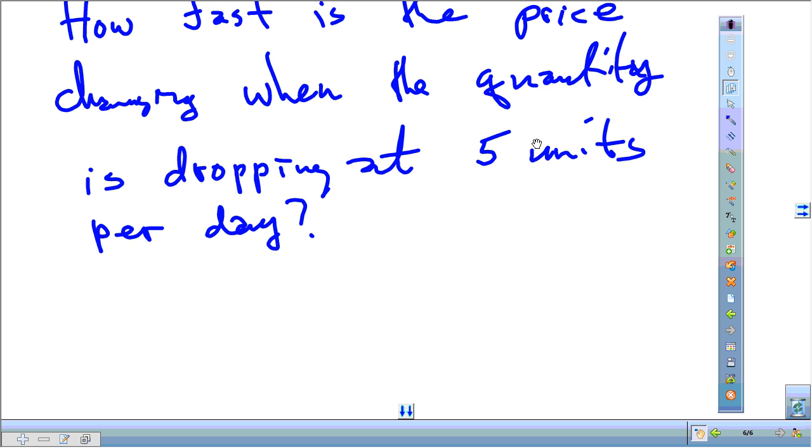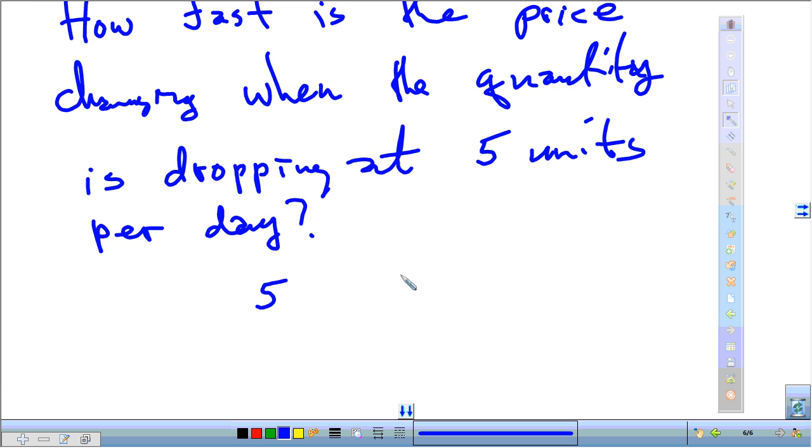We're looking at a trend in the quantity. So the quantity is going down at 5 units per day. So we're given the 5 units per day, which is relative to the rate of the quantity.